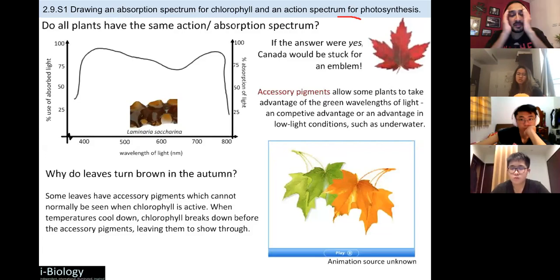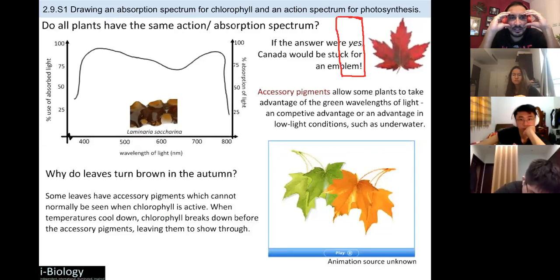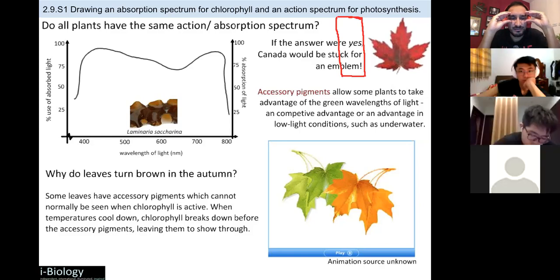UV light is harmful because it can cause. But there's some UV light through the cloud, right? So if it's harmful, why didn't it all die? But then you could also say, why doesn't everybody have skin cancer?